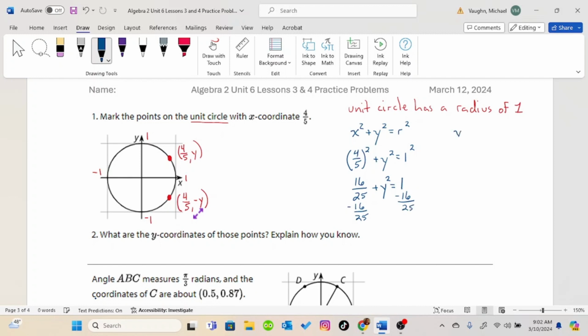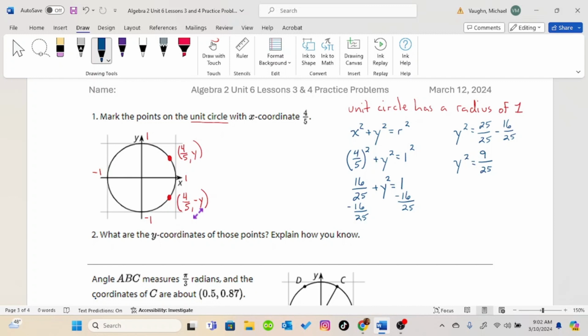And I now have y squared. We can rewrite 1 as 25/25, and we're subtracting 16/25 from it. 25 minus 16 is 9. So that leaves 9/25. But this gives me y squared.